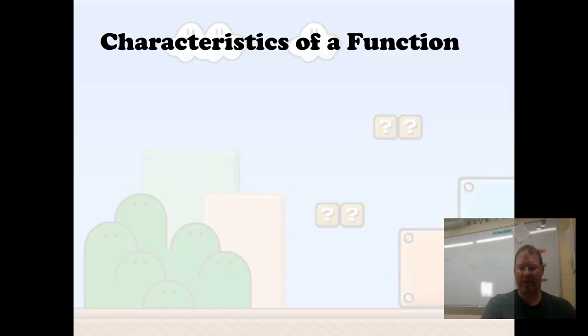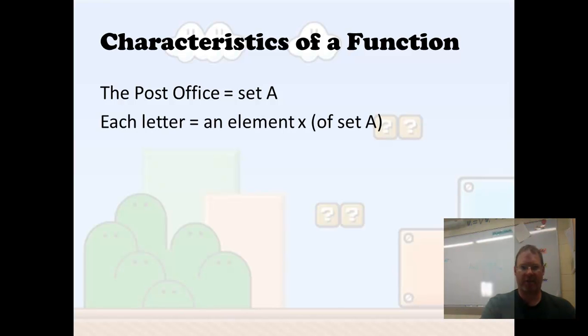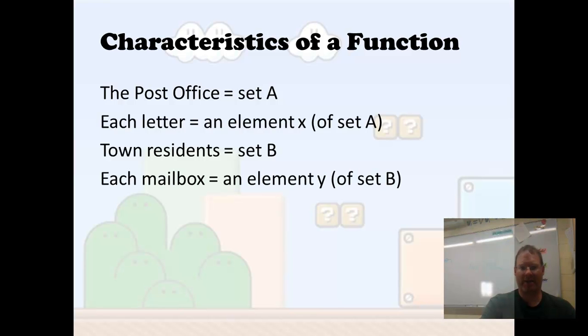And first of all, let's label the post office example. The post office, as I said before, is set A, and each of the letters is an element X of set A. The town residence is set B, and the mailboxes are an element Y of set B.